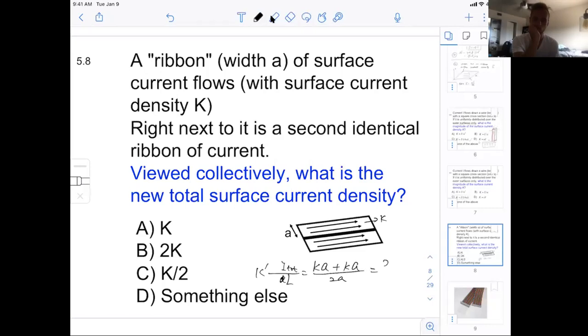So it's going to be 2KA over 2A, and that's going to be K, the same as before. Each of them has the same density. So it's like if you combine 2 materials of the same density, you end up with the same density, right? So A is the correct answer. Okay, excellent.